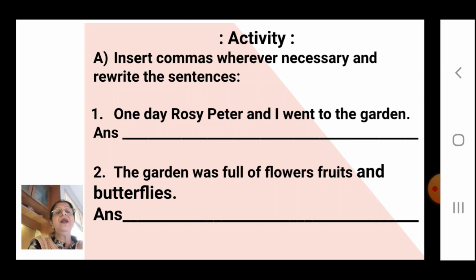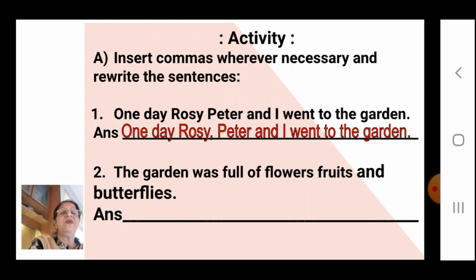So number 1, "One day Rosie, Peter and I went to the garden." So where do we put commas? Yes, we will put a comma after Rosie. "One day Rosie," after that put a comma, "Peter and I went to the garden."